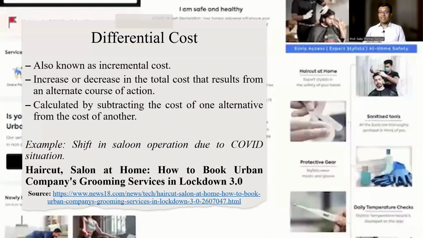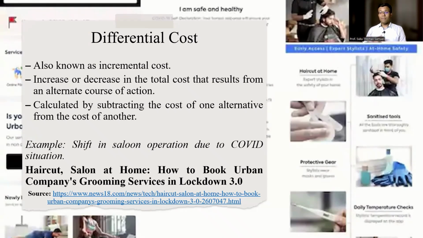The next decision-making cost that we will be talking about is differential cost. This is also referred to as incremental cost. Because of a change in the process or methodology that you follow in carrying out your activity, the change in the cost that you incur is referred to as differential cost. Now, differential cost can be an increase or it can be a decrease.